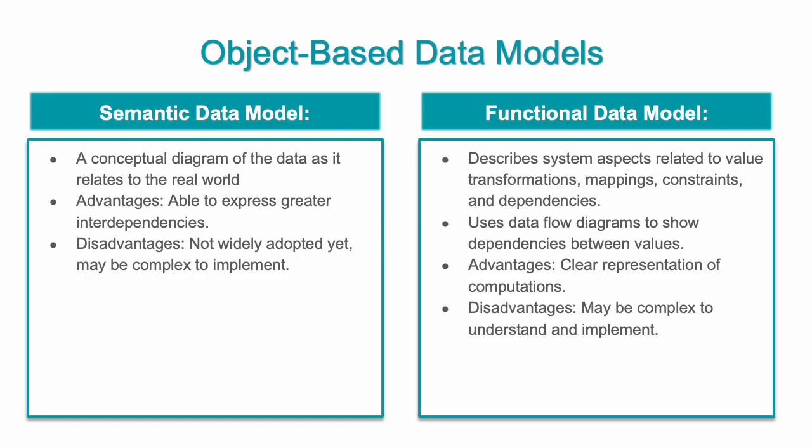The semantic data model is more like a conceptual diagram of the data as it relates to the real world. Meanwhile, the functional data model describes system aspects related to value transformations, mapping the constraints, and the dependencies.